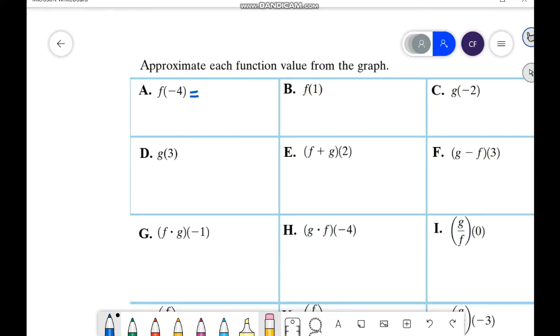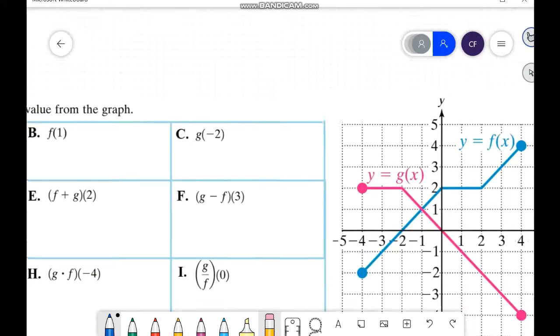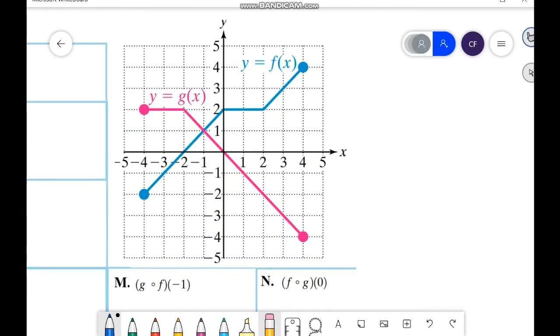That means the inputs. What's the input here? Input is x equals negative 4. This is the input, right? So let's go to the graph, and we need to find f of negative 4. Negative 4 is the input.